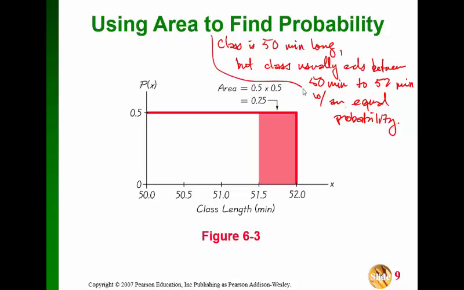So this would be the scenario for this particular graph. The graph is a horizontal line from 50 to 52. And then we're saying that this class has an equal chance of ending between 50 minutes and 52 minutes.